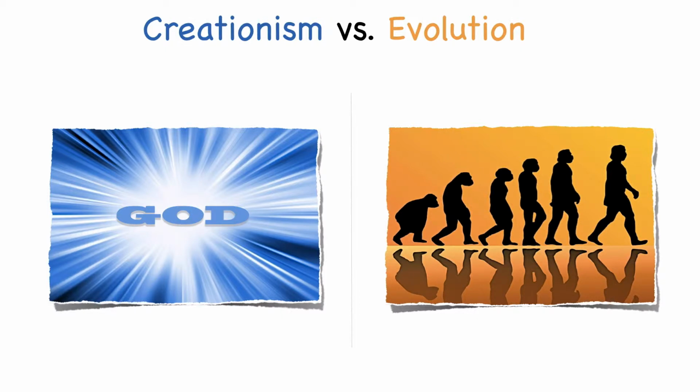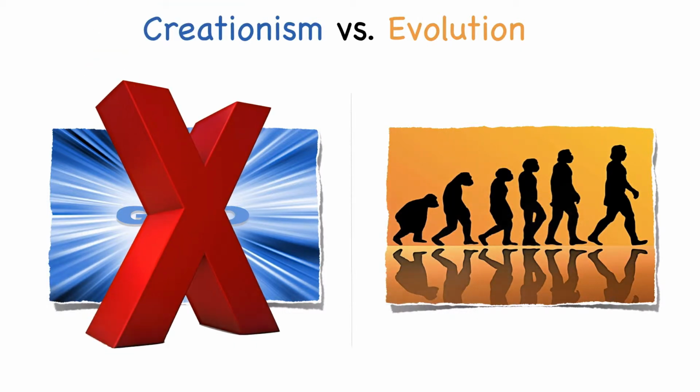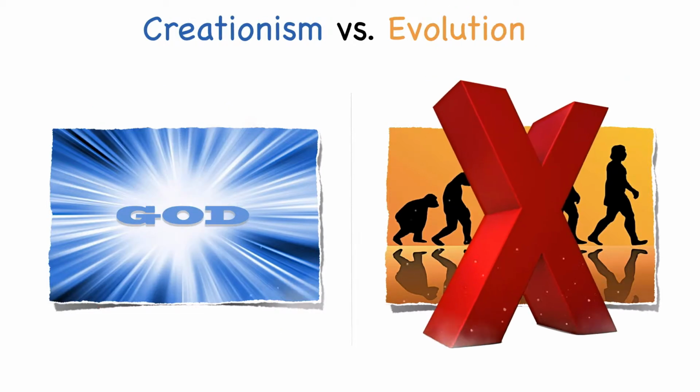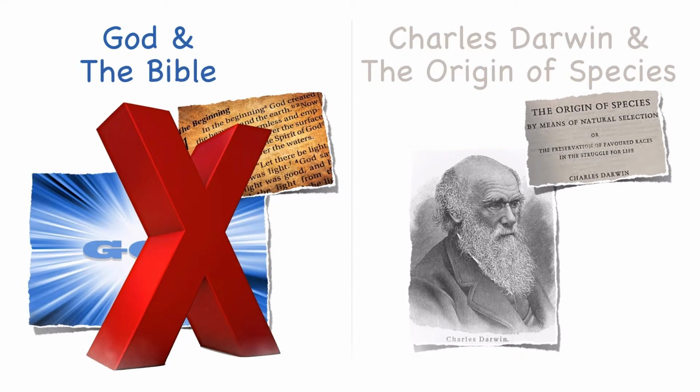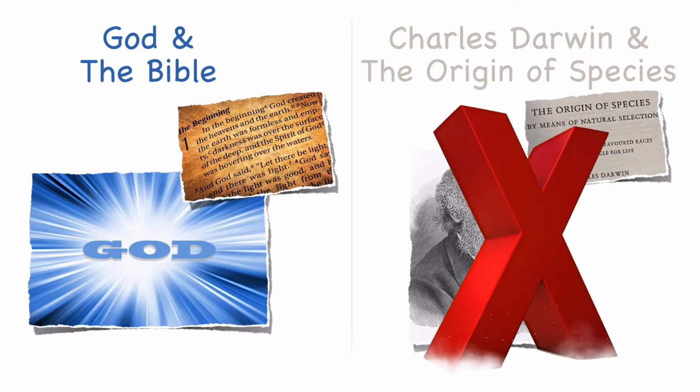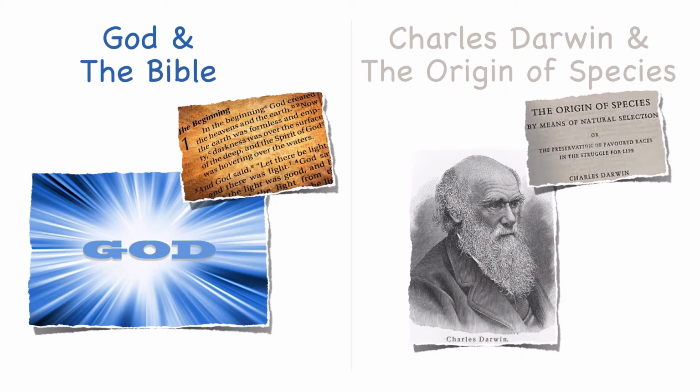Either the theory of evolution is right, and creationism is wrong, or creationism is right, and evolution is wrong. Either God and the Bible are wrong, and Charles Darwin and the Origin of Species are right, or God and the Bible are right, and Charles Darwin and the Origin of Species are wrong. Which is it? Are we to believe God or Charles Darwin?